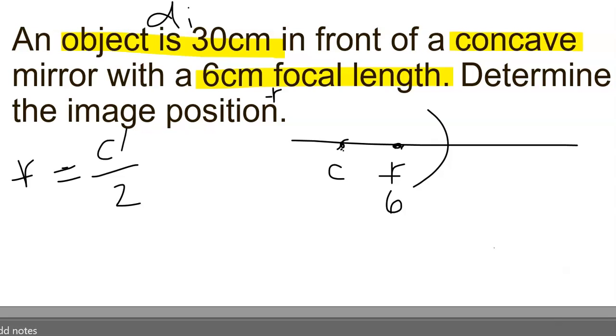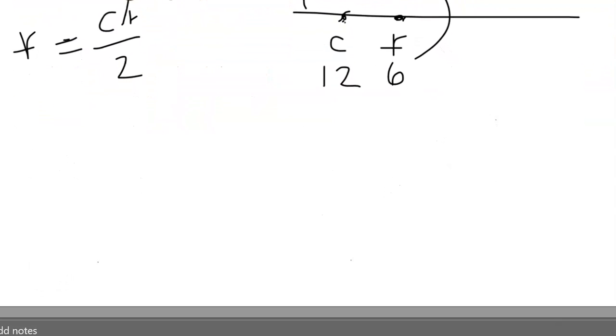All right, C or R, it's the same thing. So if that's 6, then that means this is 12. And if our object is placed 30 centimeters in front of the mirror, then our object is going to be past this. Our object will be past here at 30. All right, so now let us solve this problem.